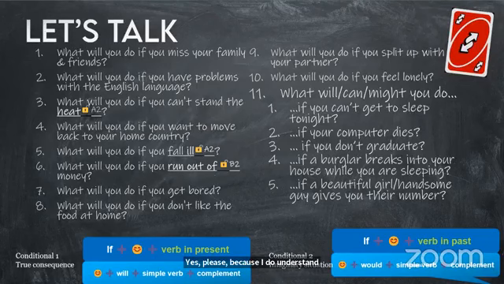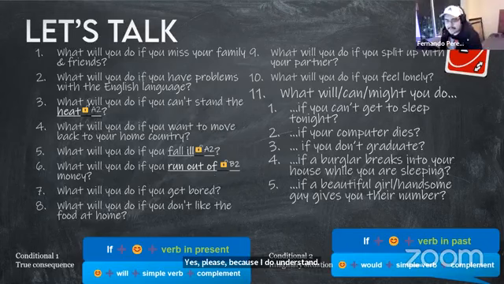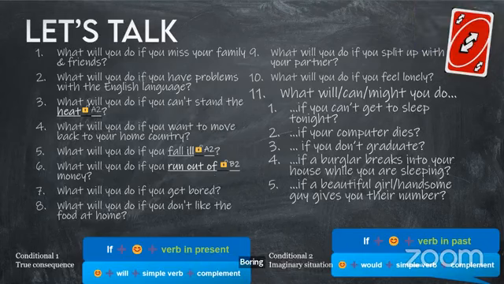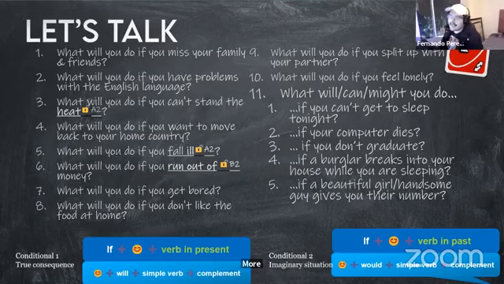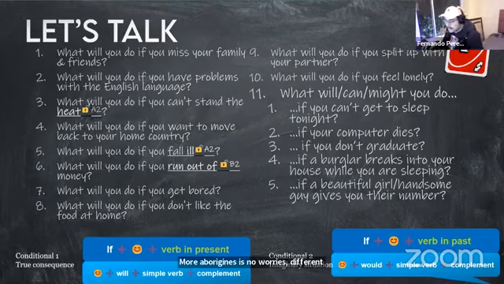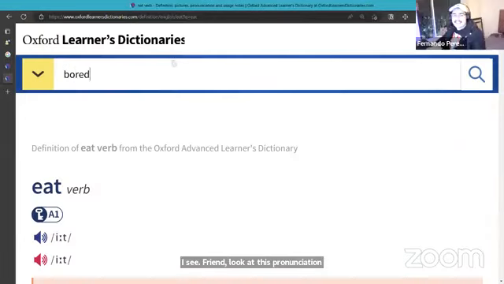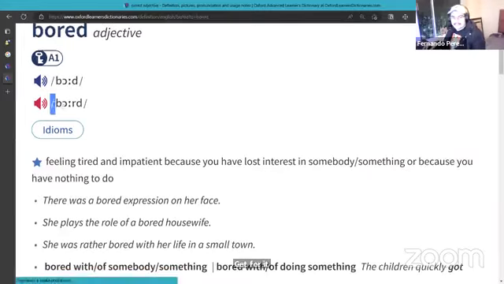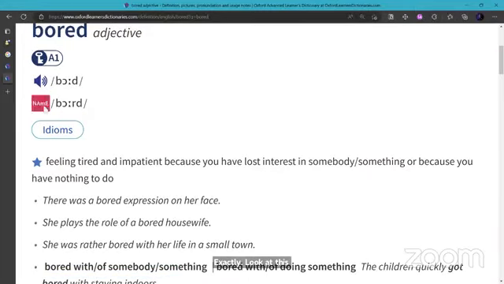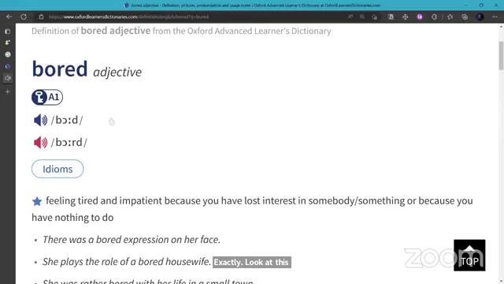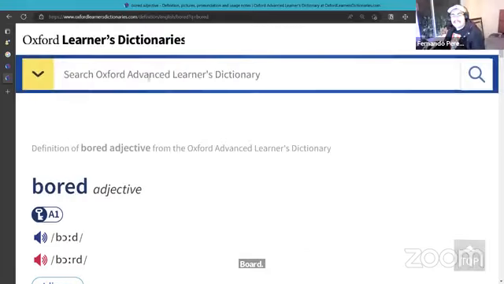Unless I'm boring. Boring is, for example, the difference between. Bored is different. Look at this. Pronunciation. Bored. Close. Exactly. Bored is to feel tired. When you are bored, you feel tired.